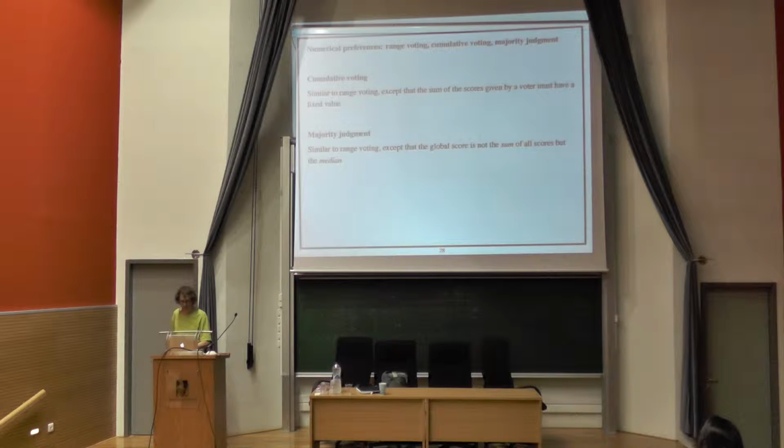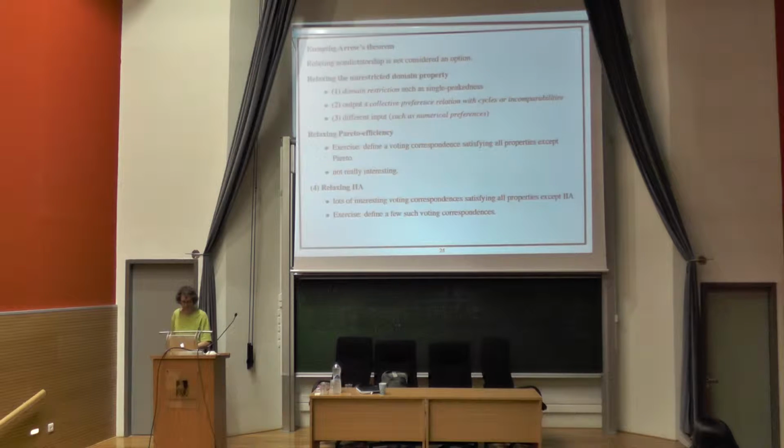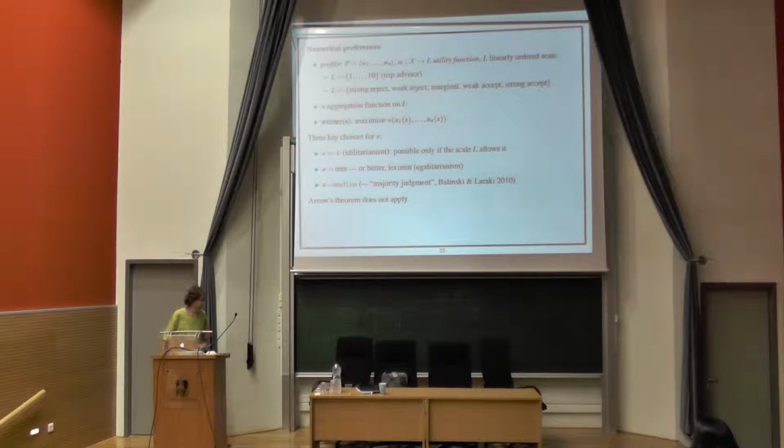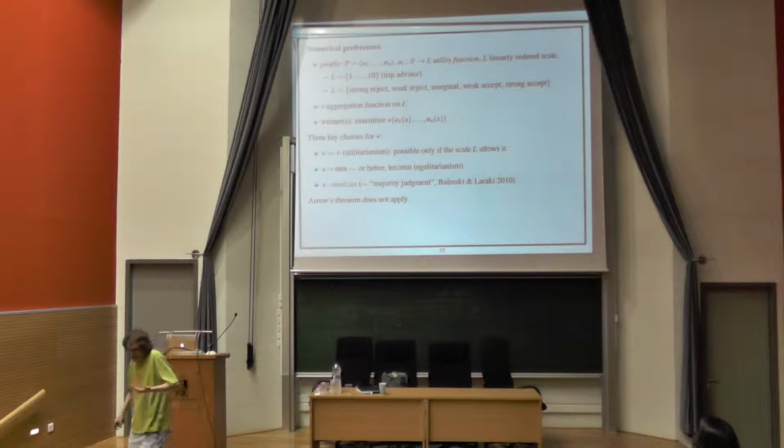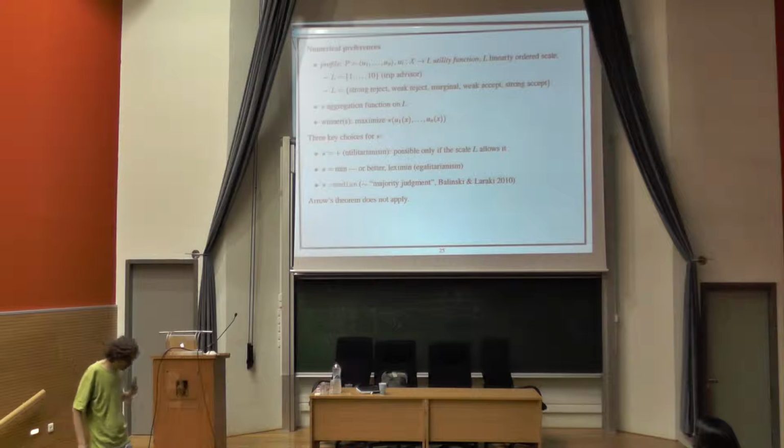But before, okay, so we're going to, most of the rules that we're going to define are defined from rankings, but still, we may sometimes define rules that are not based on rankings.